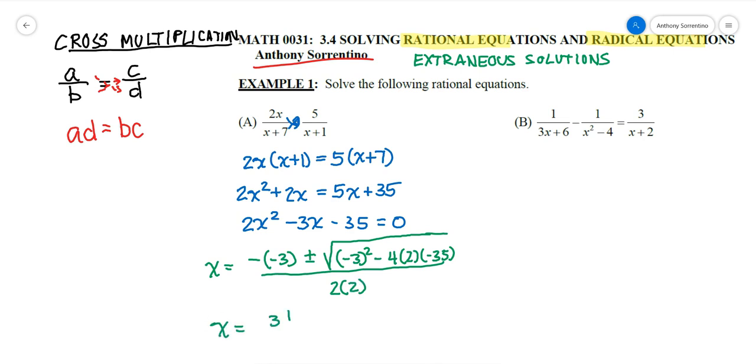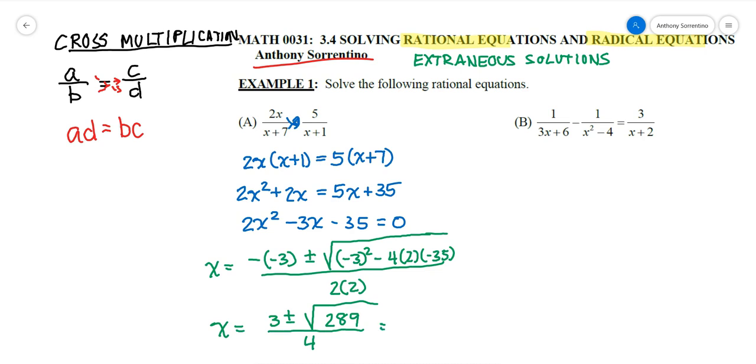So 3 plus or minus the square root of negative 3 squared minus 4 times 2 times negative 35 becomes 289, all over 4.